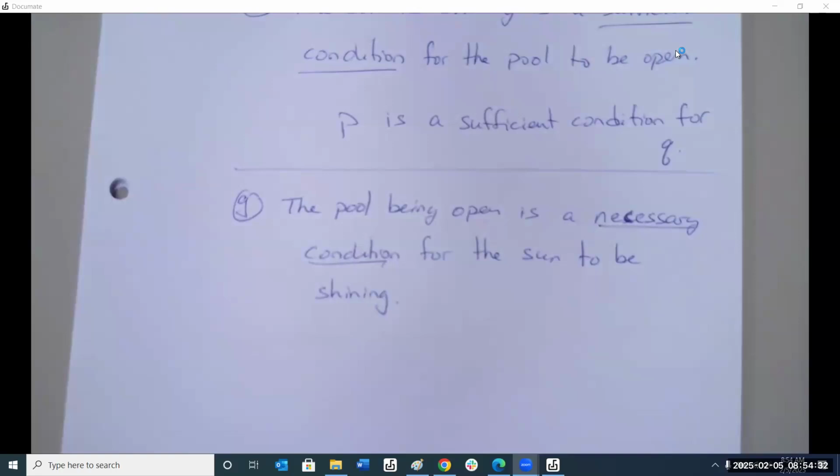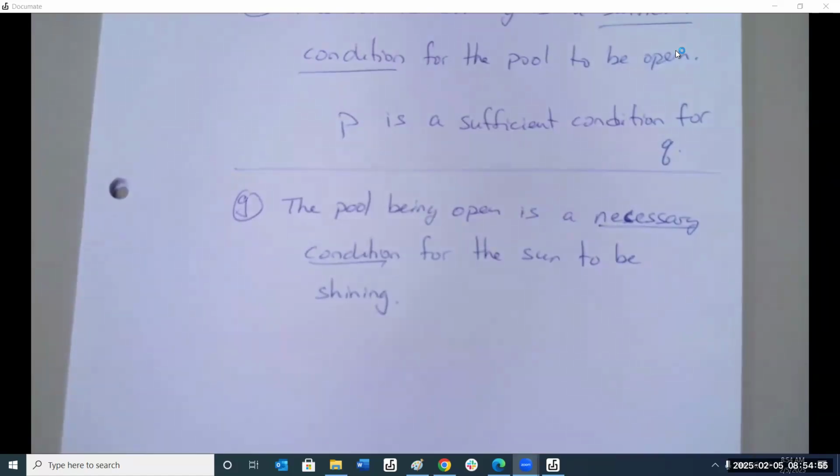So even if you don't open your windows, if you live in the basement or in the middle part of a hotel, if you call the swimming pool, you call the front desk, is the pool open? And if they say yes, what do you know is going to happen outside when you go there? It's going to be sunny.